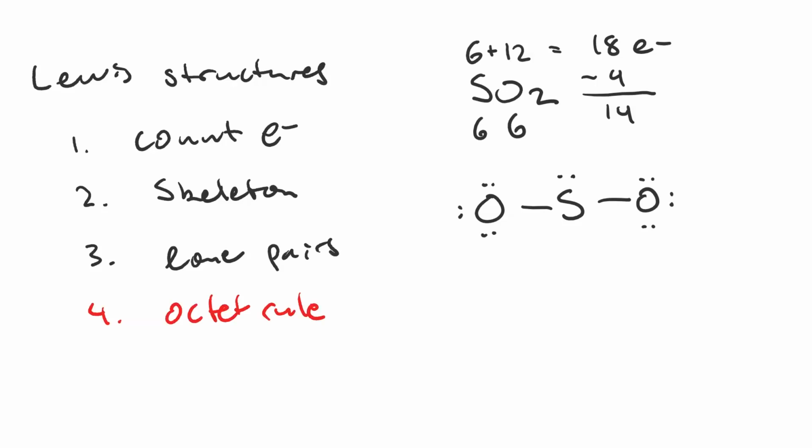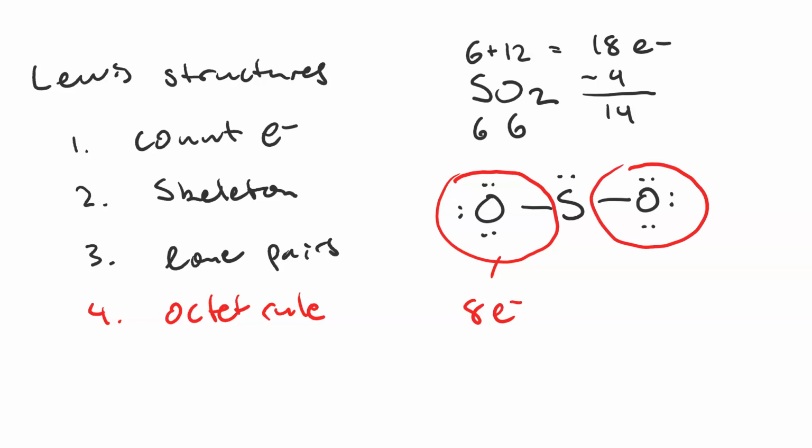Now we check all our atoms for the octet rule. The oxygens both have 3 lone pairs and a sigma bond, so 8 electrons each. The sulfur, on the other hand, has 2 sigma bonds and a lone pair.